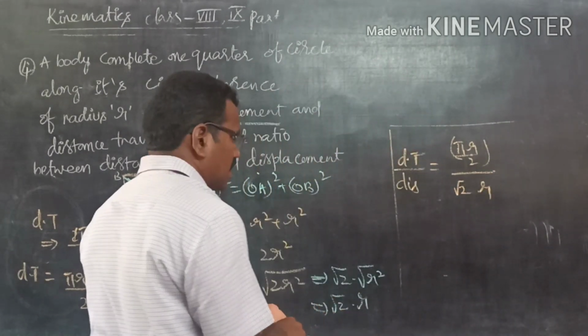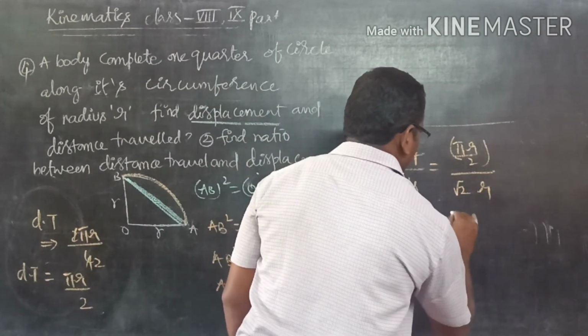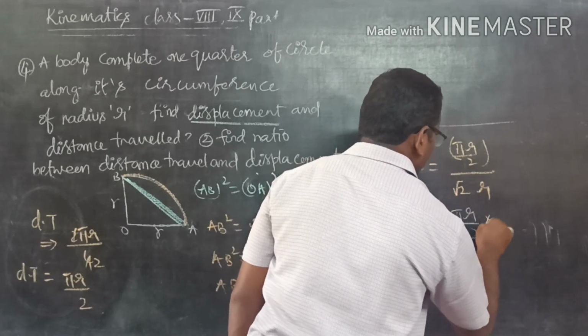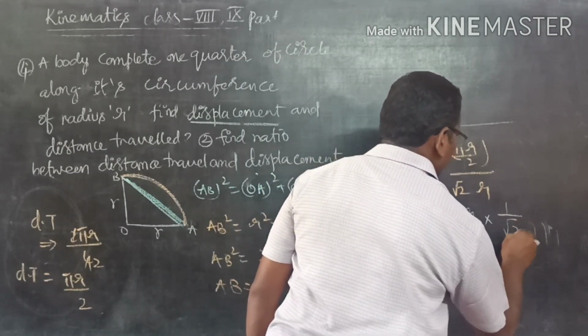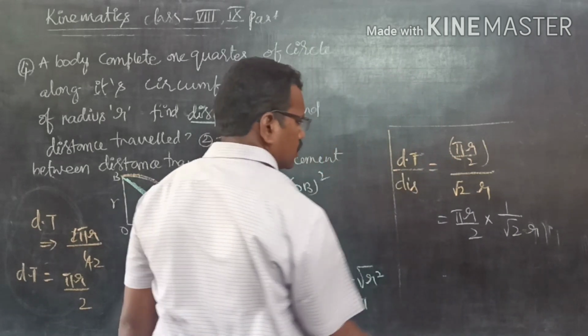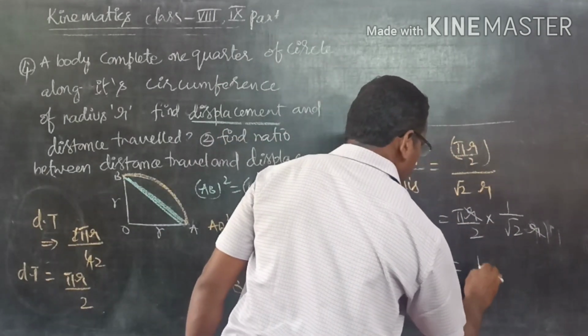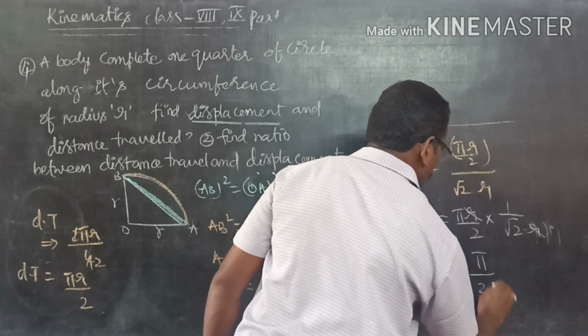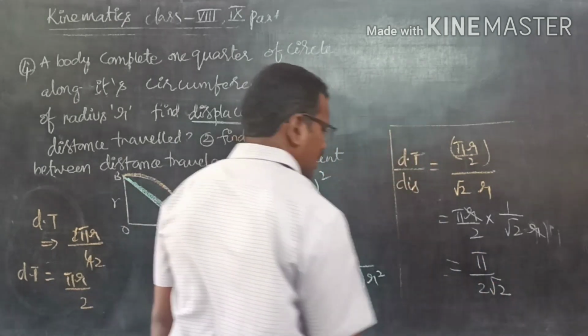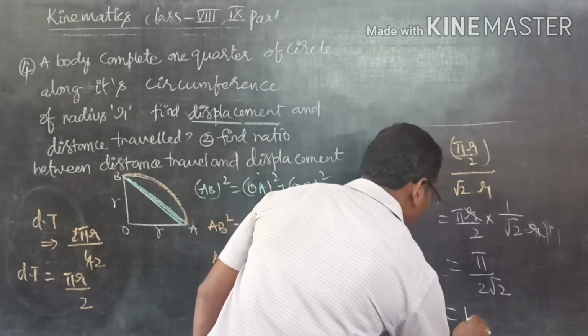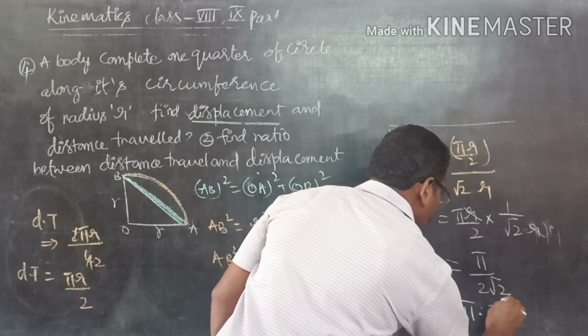Now this can be written as pi r by 2 into 1 by root 2 r. Now we can cancel r and r. The value becomes pi by 2 root 2. The ratio will be pi is to 2 root 2.